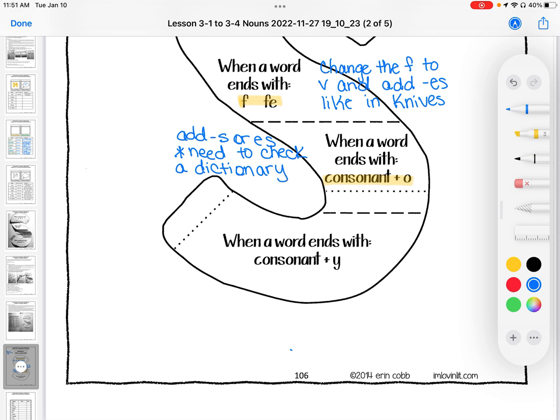My examples for this one are photos and volcanoes.